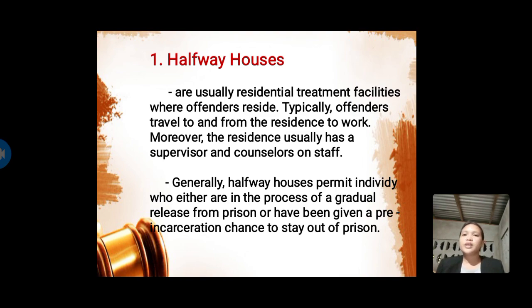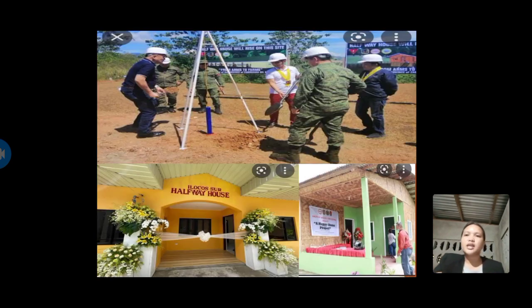Moreover, the residence usually has a supervisor and counselor on staff. Generally, halfway houses permit individuals who either are in the process of gradual release from prison or have been given a pre-incarceration chance to stay out of prison. So that is the halfway house.